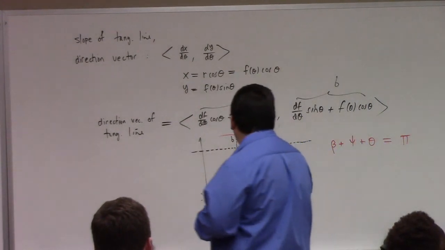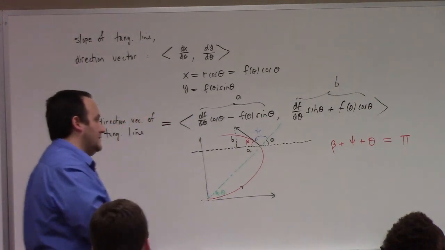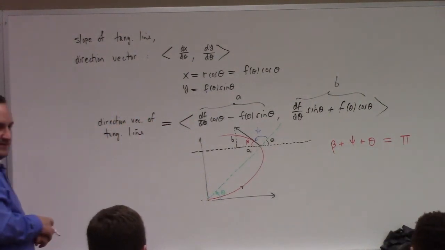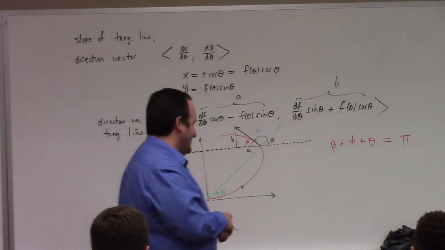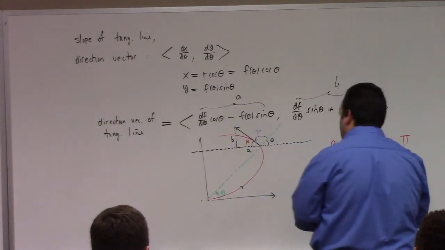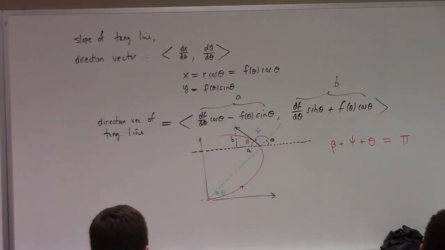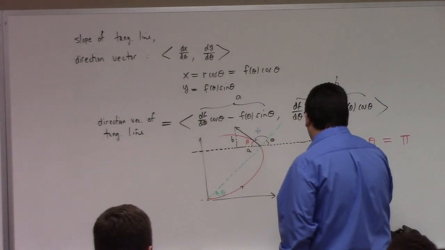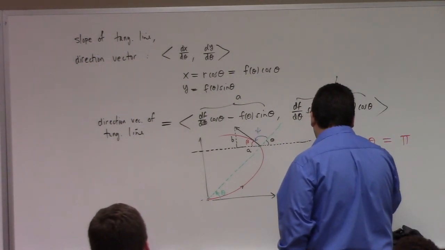Now, I'm not sure that actually helps directly. But what else can you say about beta? Beta doesn't have to be 90. See, but beta involves the tangent of what? Beta is tangent of.